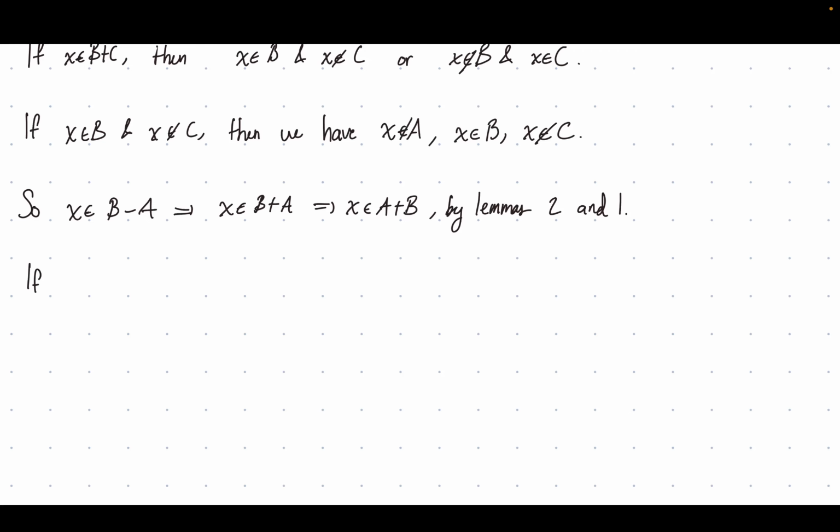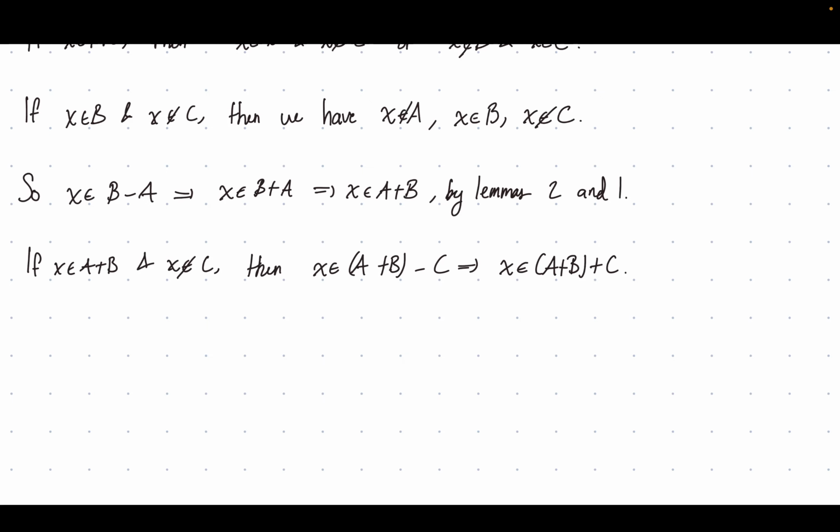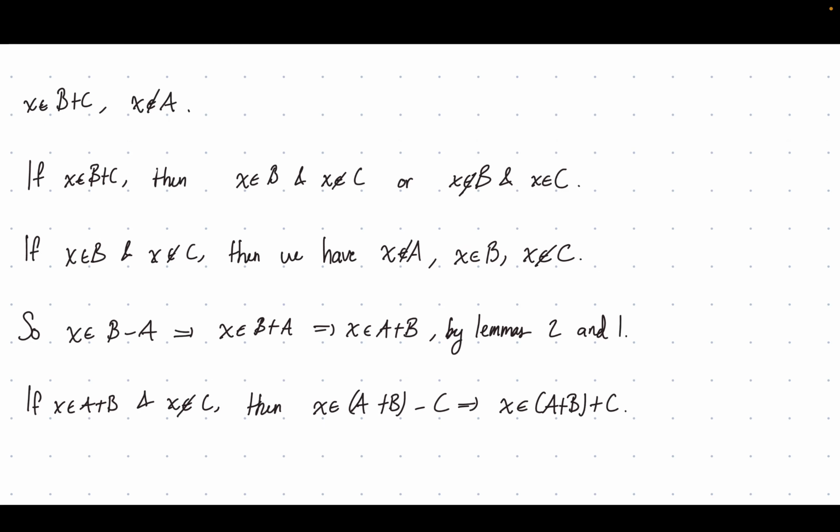Now, if x is in A plus B and x is not in C, then x is in A plus B minus C, which implies that x is in A plus B plus C. Okay, so that's branch 1 done.